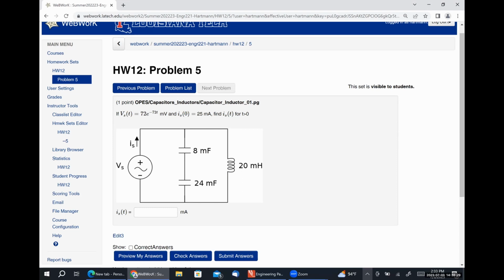Yeah. So in this problem, we have a voltage source connected to a capacitance, an equivalent capacitance, connected in parallel to an inductance. So let's take a look at this guy.